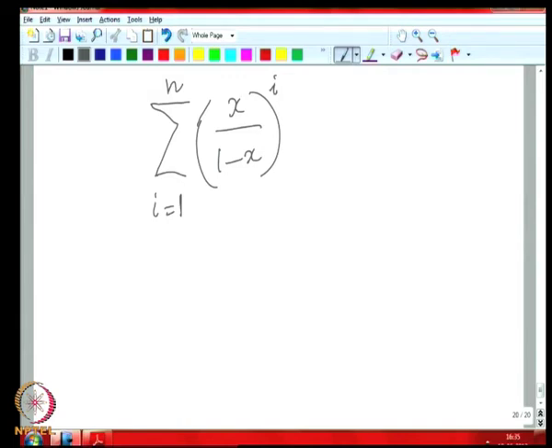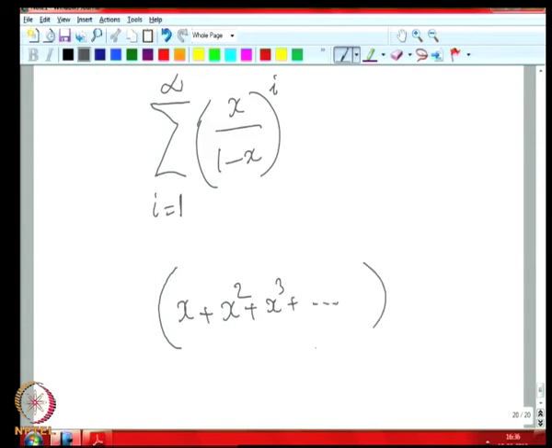So this is all that is required, but because you are looking for the coefficient of x raised to n in the product of all these terms, we can as well put this till infinity, because that is not going to change anything. The reason is that we are taking terms of the form x plus x square plus x cube.